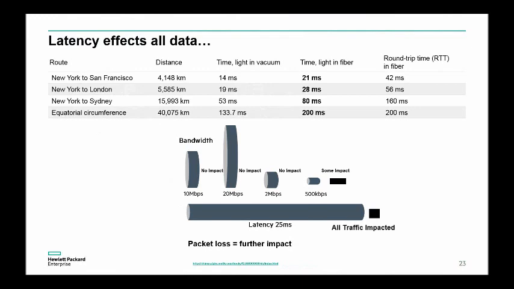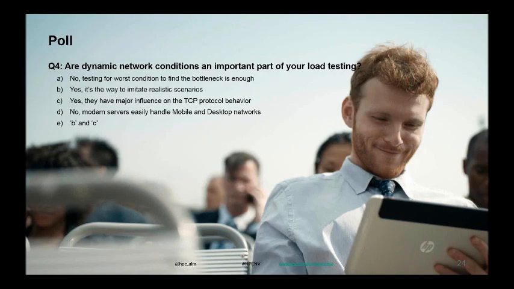We'll go to another poll right now. This particular poll, which I believe is also our last one, asks: are dynamic network conditions an important part of your load testing? You can select one of the following. No, testing the worst condition case is enough.